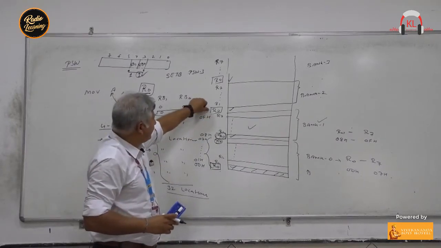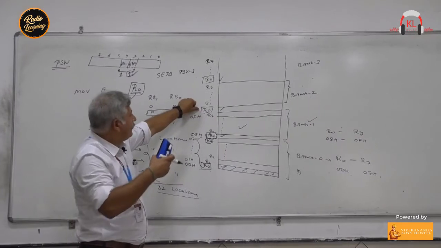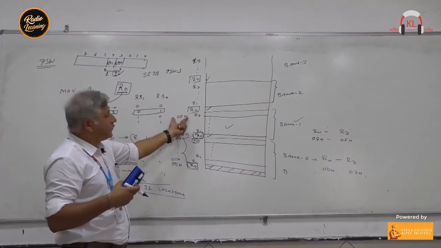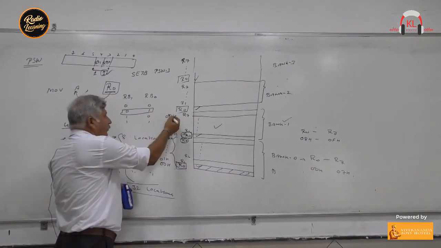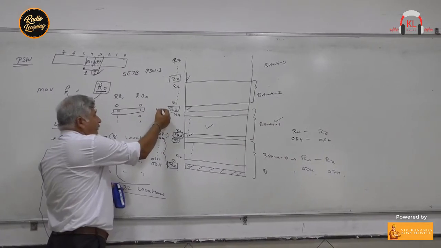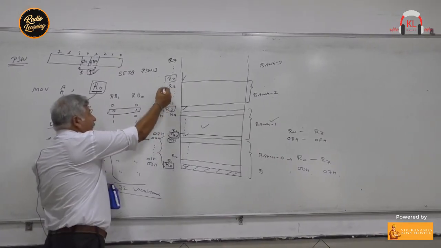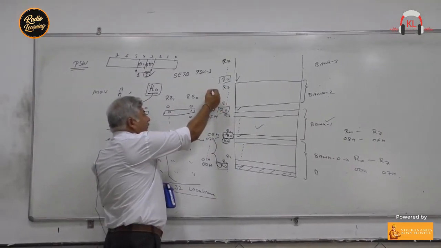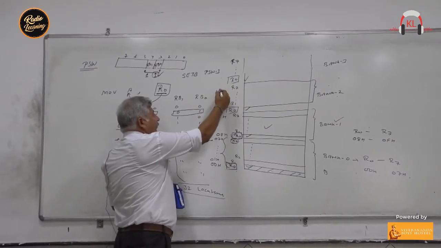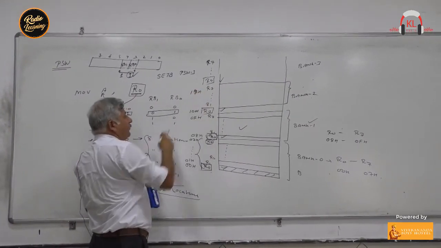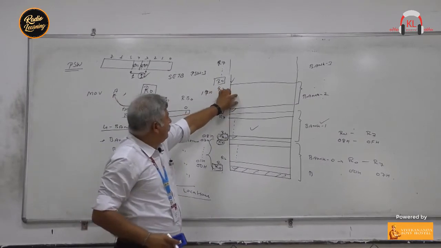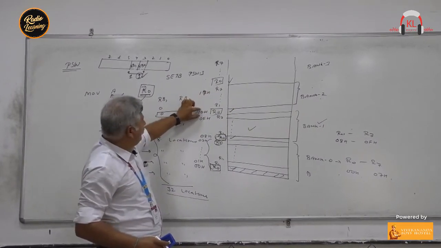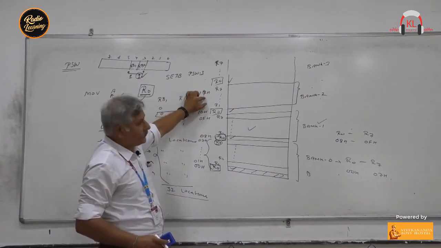Now the next register, R0 of bank 2, will have the next address after 0F, and that will be 10H, and R7 will have the address 17H, right? So bank 2 register addresses will be from 10H to 17H.